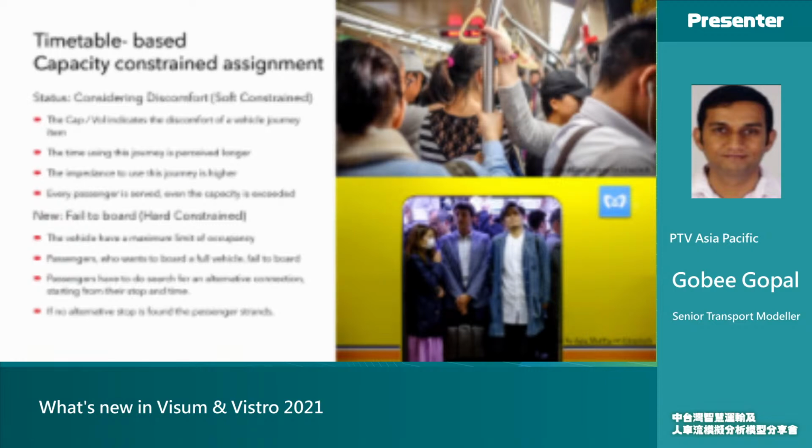If no alternative is found, the passenger gets stranded. So VISUM will tell how many passengers couldn't board the train. It gives useful information for the planner, like analyzing the capacity of the station itself.